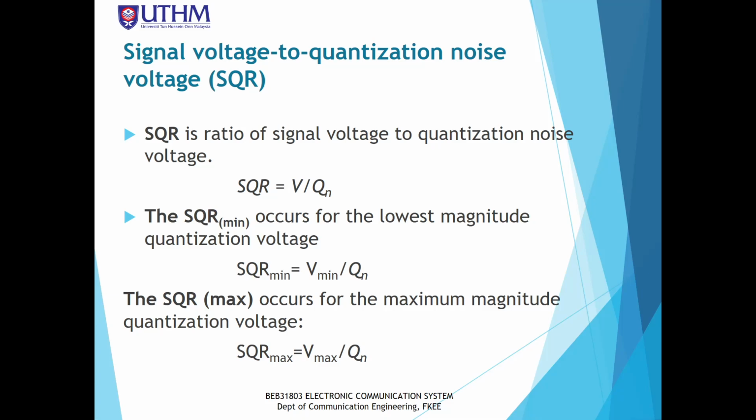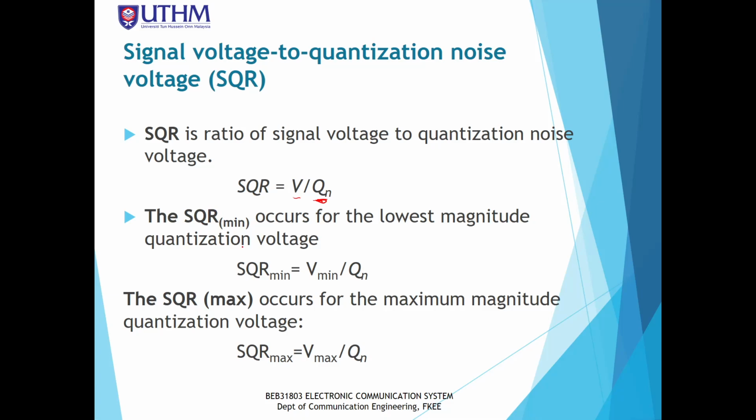Okay. SQR, signal voltage to quantization noise voltage. So signal voltage divided by the quantization noise voltage, which is SQR equal to V over Qn. V is the signal voltage, and Qn is the quantization error or quantization noise, which we already saw in the previous slide.